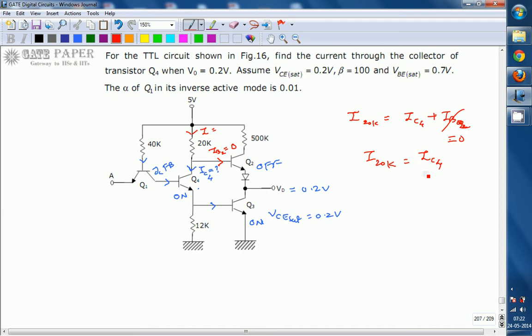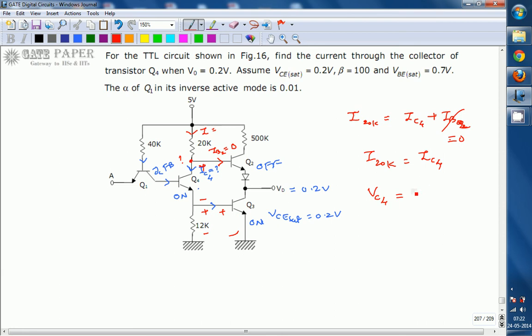If you are able to calculate I20K, that is the collector current flowing through Q4 transistor. For that you need the voltage at this point, VC4. VC4 can be written as the voltage from collector to emitter of Q4 and the voltage across this resistor, and this resistor voltage is the same as the base to emitter voltage of Q3.